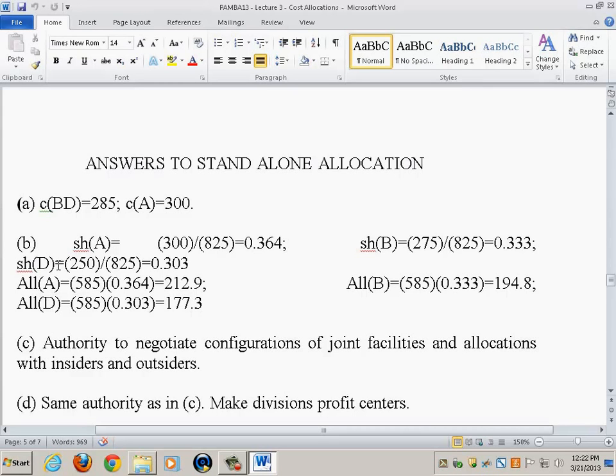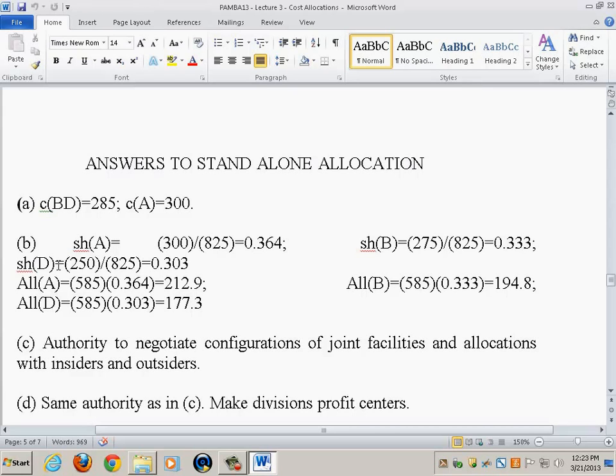A agreed to go it alone, to give up sharing the common facilities with B and D. B and D went together, so altogether, what is their cost? 585, right? So what they have to figure out is how to allocate 585 in the most logical and fair way possible.